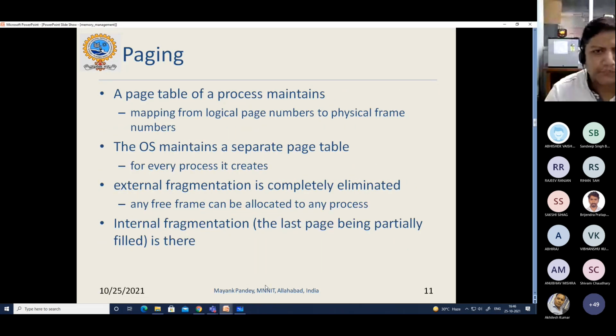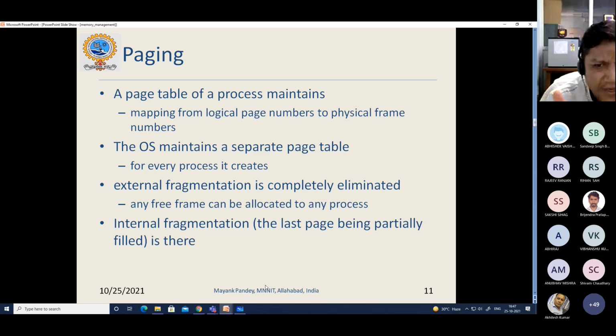Let's see. A page table of a process maintains the mapping from logical page numbers to physical frame numbers. The operating system maintains a separate page table for every process it creates. When a process is created, a page table for that process is also created.